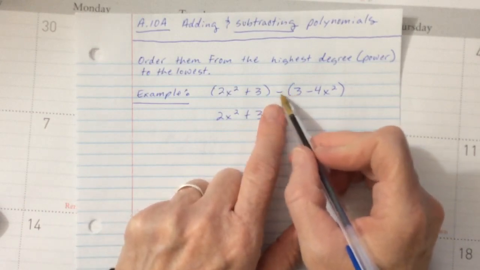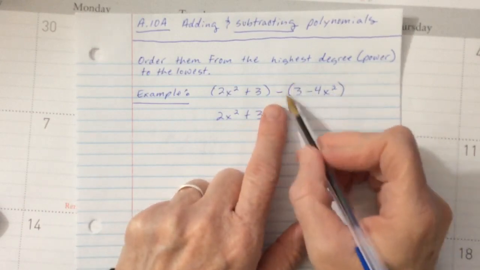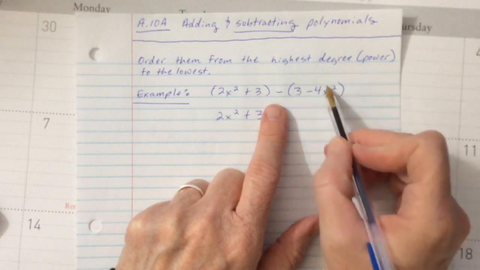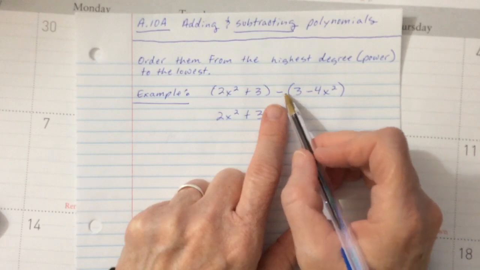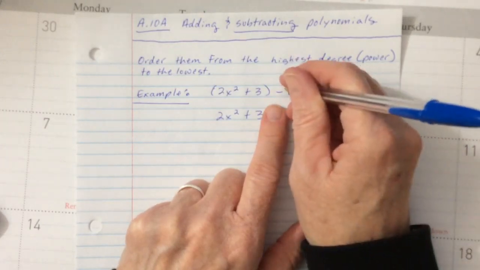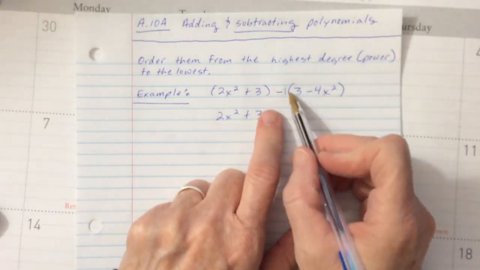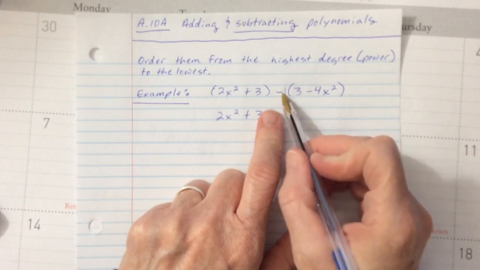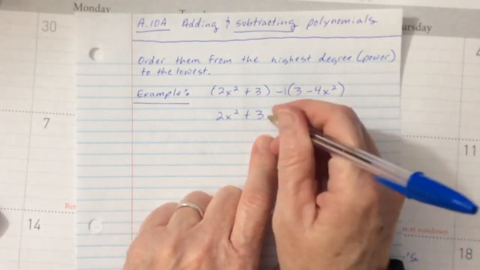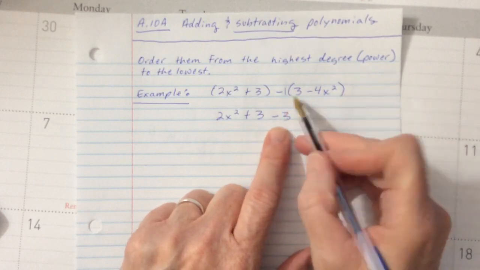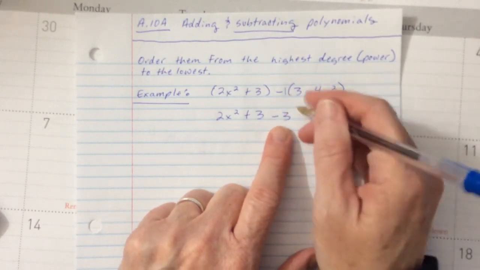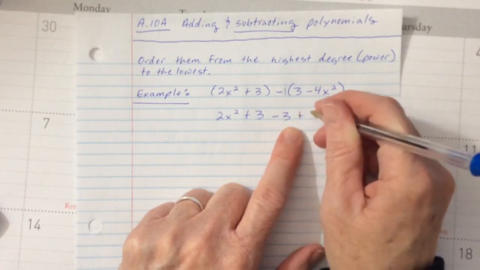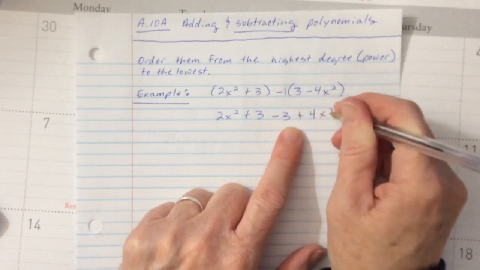And if you have a subtraction in front of your parentheses, you're always just going to flip the sign on everything. The reason you flip the sign is because there's an invisible 1 here. And you are pretty much distributing -1 times 3 becomes a -3. And -1 times a -4x to the power of 2 becomes a positive 4x to the power of 2.